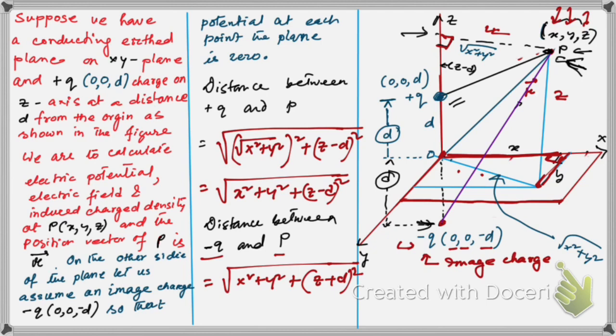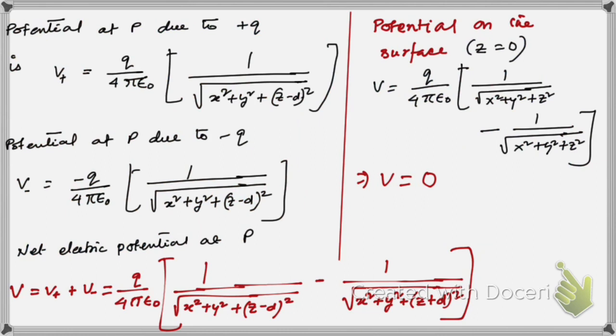So now, as we have got the distance between positive charge and P and negative charge Q and P, we can find the potential at P due to the positive Q charge, and the potential at P due to the negative Q charge, and those are here you can see.